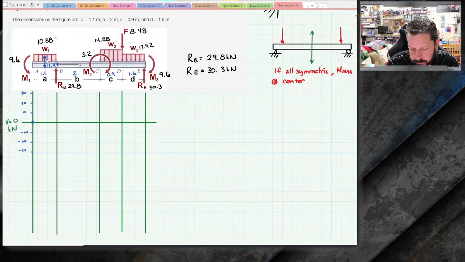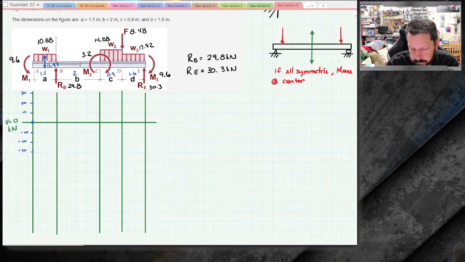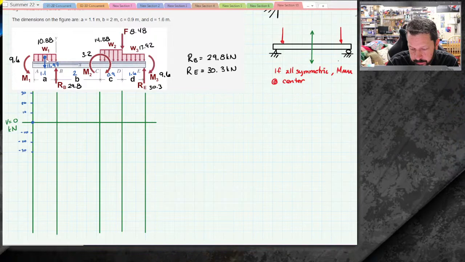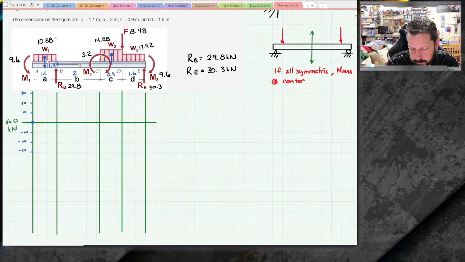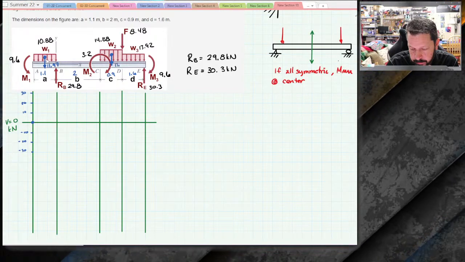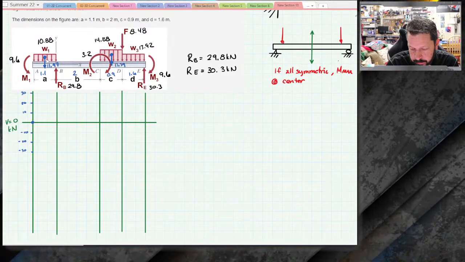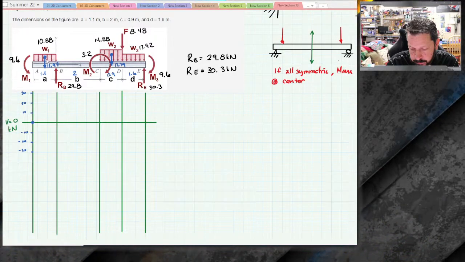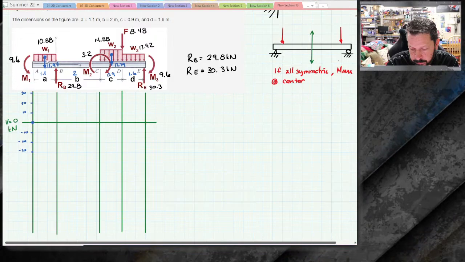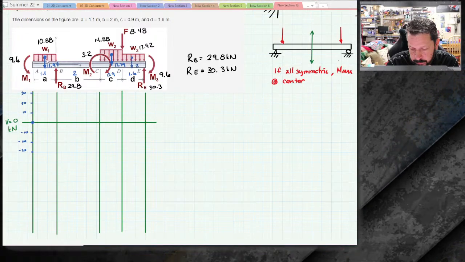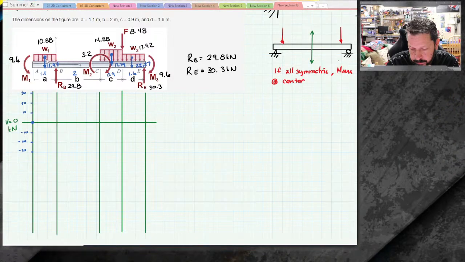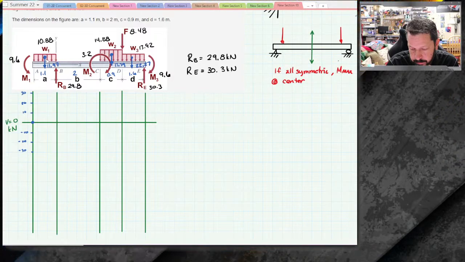So you can see we're rounding several times in here. Let's do the others. 14.88 times 0.9. That one's 13.39. And then 13.92 times 1.6. The last one is 22.27.